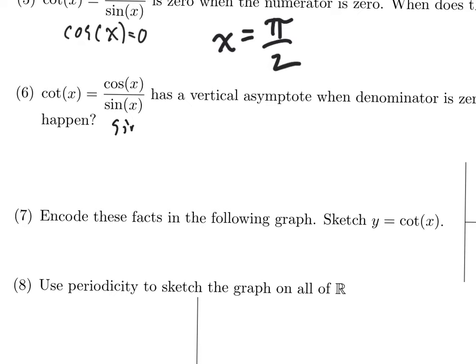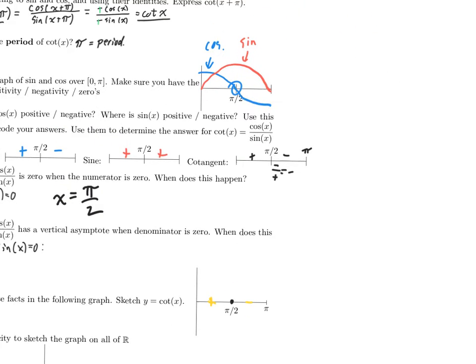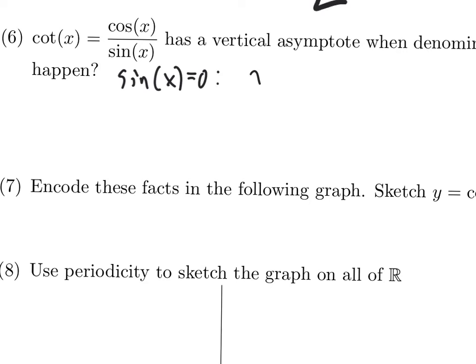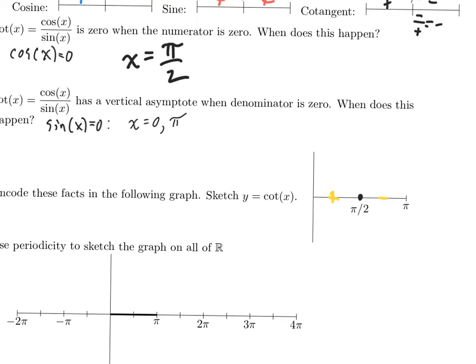So where is sine of x equal to 0? Well, on the graph of sine, it looks like it is 0 at 0 and 0 at pi. So there's a vertical asymptote of cotangent at x equal to 0 and at x equal to pi.